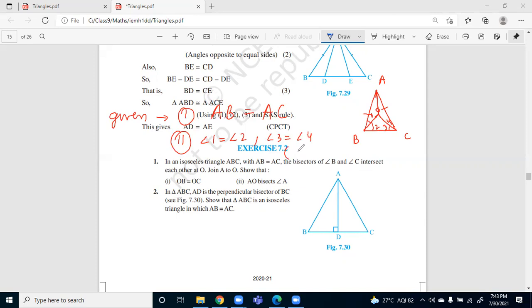The reason: BO and CO are angle bisectors. Now I am starting the proof.